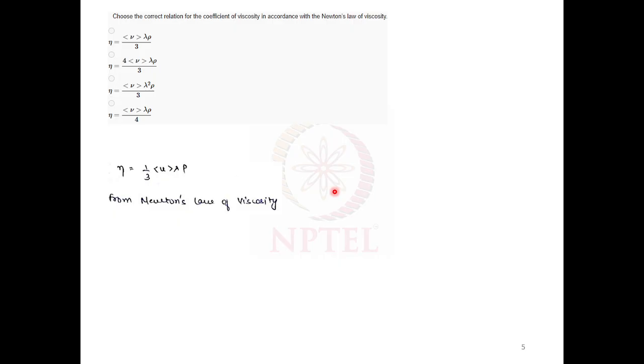It equals 1 by 3, basically 0.33, times the average velocity times lambda times rho, where rho is the density of the substance you are considering. So here the answer will be A.